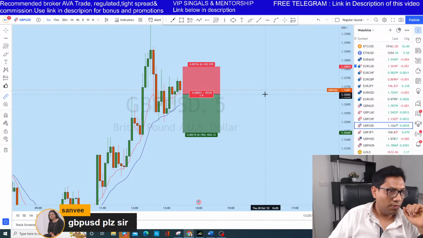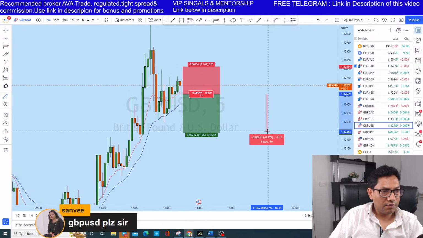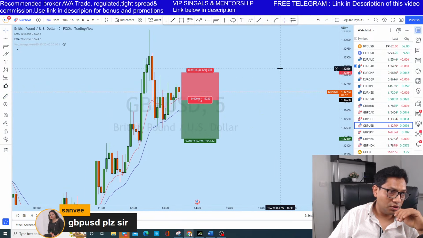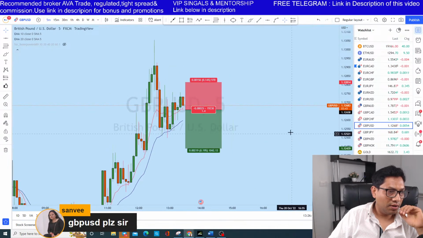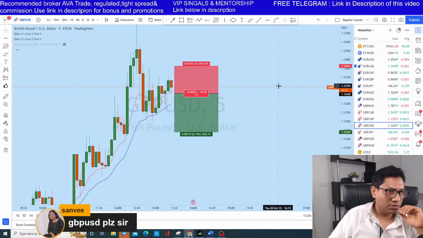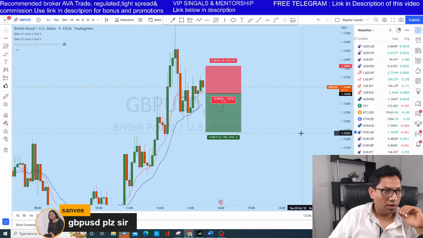The risk in this trade, I have risked 15 pip, and I'm targeting 20 pip or 22 pip around. So I could be wrong, as I told you. If it goes up here, it could hit the stop loss, or it could come back down and hit the profit target. So let's see what happens. Learn from it.